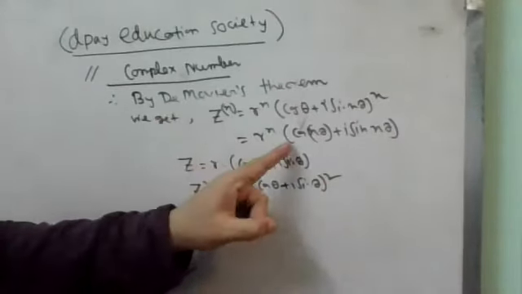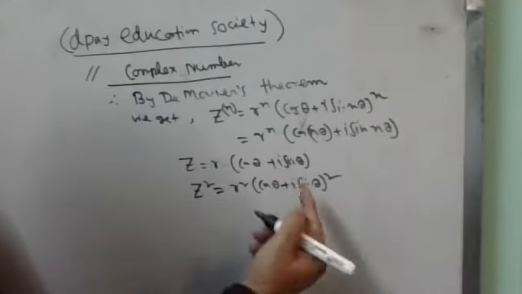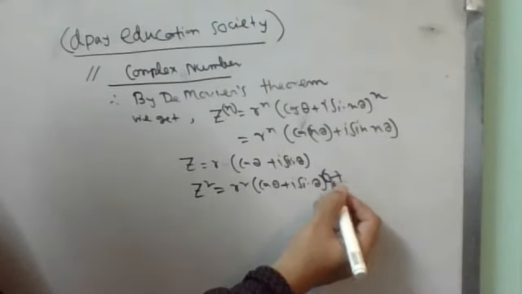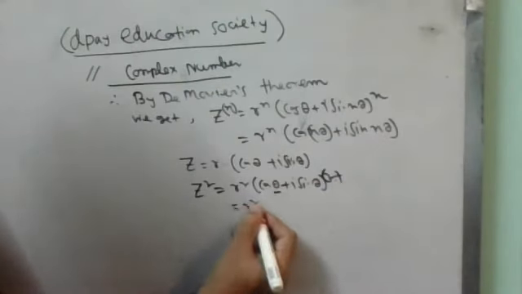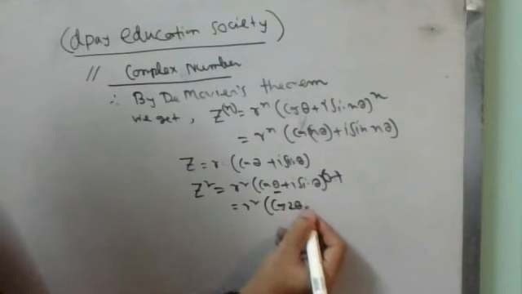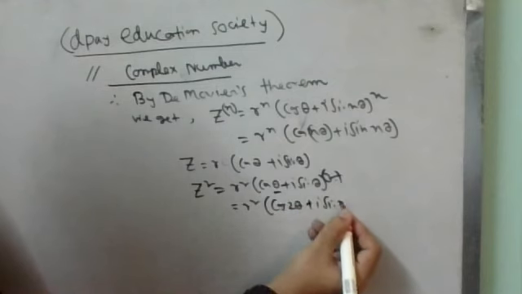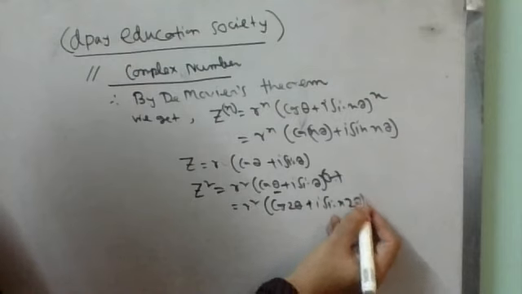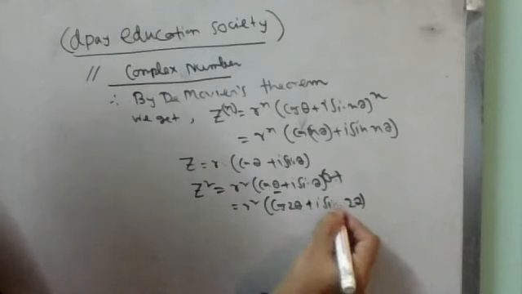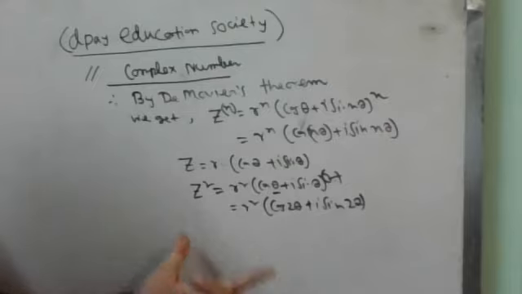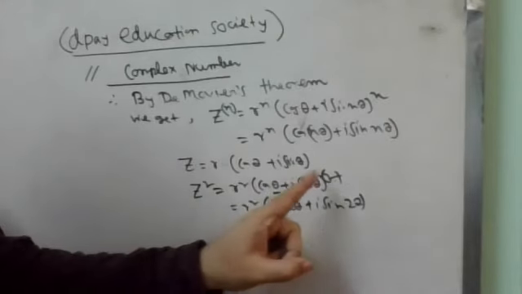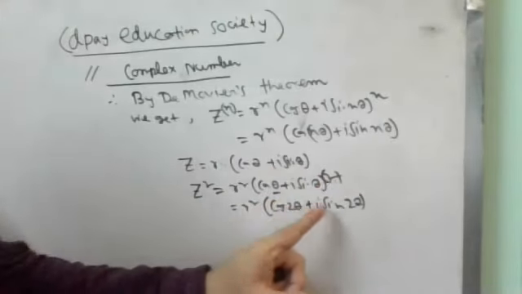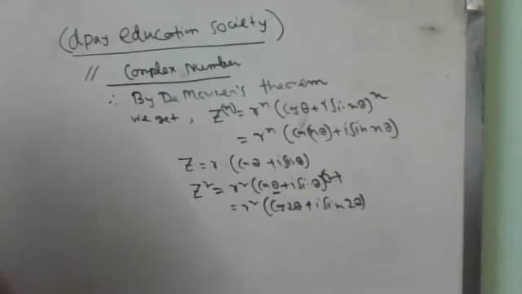Once you know de Moivre's theorem, you can directly write 2 as the multiple of theta: r square (cos 2 theta plus i sin 2 theta). So de Moivre's theorem helps us write the power as the multiple of theta. Okay, hope you understood. An important property of complex numbers, de Moivre's theorem.